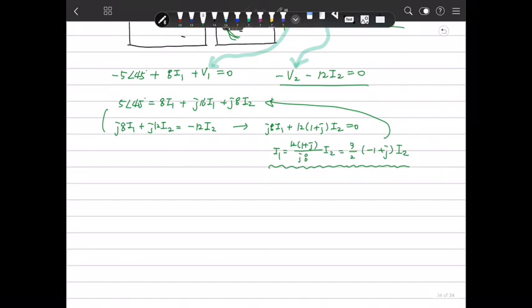Then that value is 5 plus 5/2. J is 8. I1 is that values plus J16 and 3/2 minus and plus J plus J8 I2.